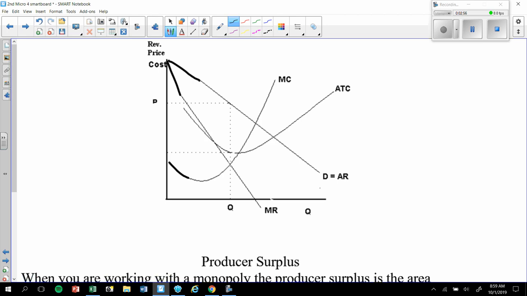Here, we're going to transform and say the marginal cost curve is like the supply curve for a monopoly, even though a monopolist doesn't have a supply curve, even though we know that point right there is their supply point. We just forget about that here and say the marginal cost curve is like the supply curve. And since it's like the supply curve, to find producer surplus we always go from price down to the supply curve. So the producer surplus is a big, weird, strange area. That's your producer surplus.